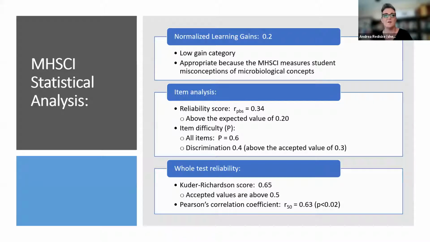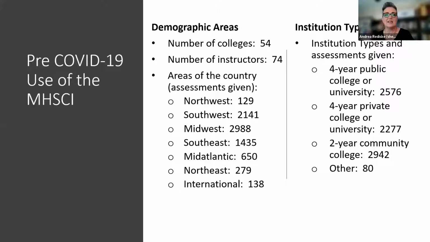So this is just a slide that shows us where the MHSCI is being used. Demographically, we have 54 instructors at 54 colleges, 74 instructors who are currently using this. And I'm sure there's a little bit of variability from semester to semester. You can see the areas of the country where it's being used the most.